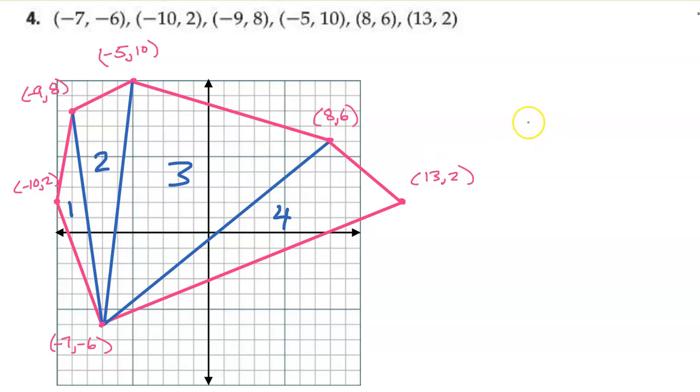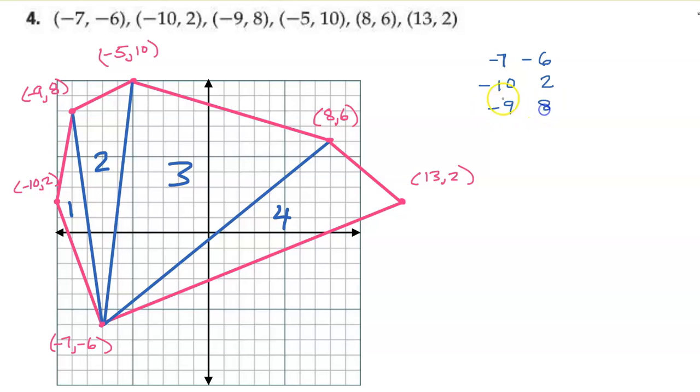Okay, so here's the part where I tell you how to use matrices to find the area of a triangle. Look at triangle number 1. Let's go ahead and make a matrix out of these vertices. So my first vertex is -7, -6. So here I have -7, -6, and then -10, 2, and then -9, 8.